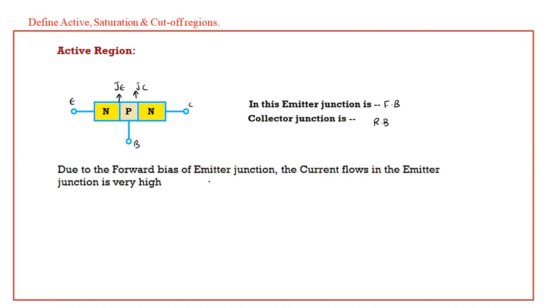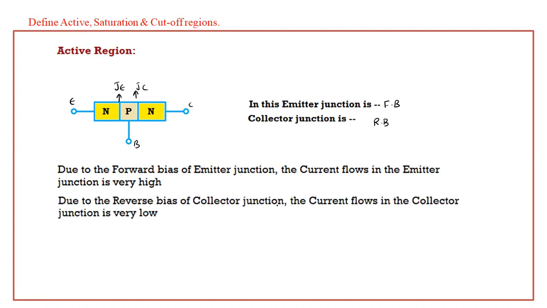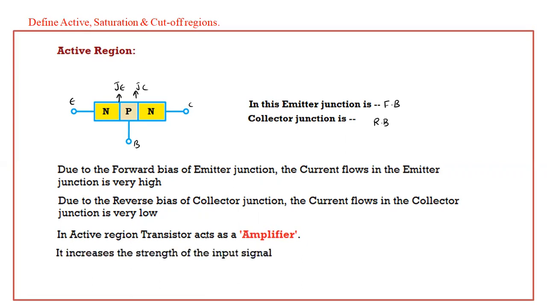Due to the forward bias of the emitter junction, the current flowing in the emitter junction is very high, and due to the reverse bias of the collector junction, the current flowing in the collector junction is very low. In active region, the transistor acts as an amplifier. Amplifier means increasing the signal strength. Okay, this is about all the regions.